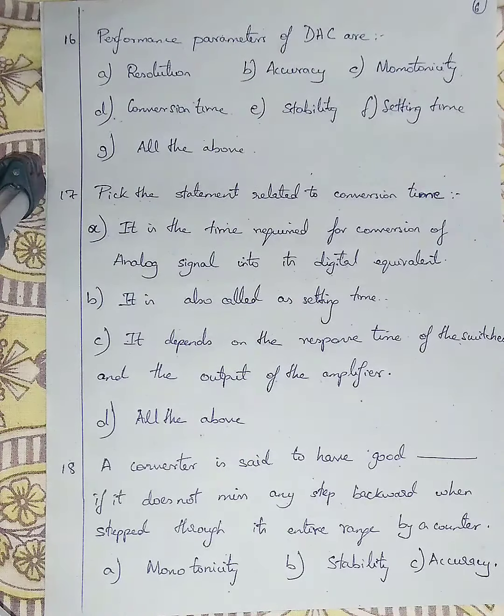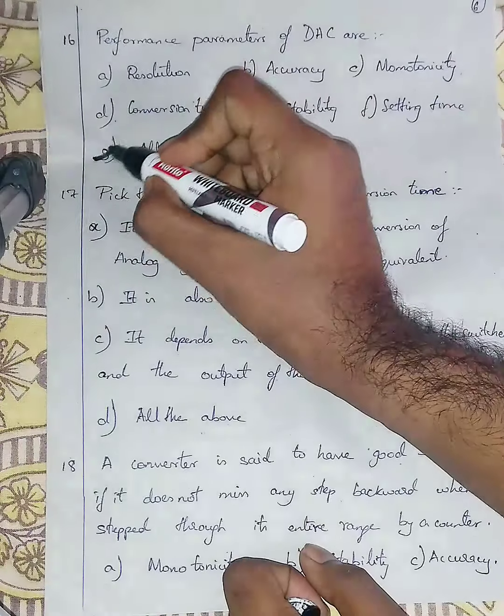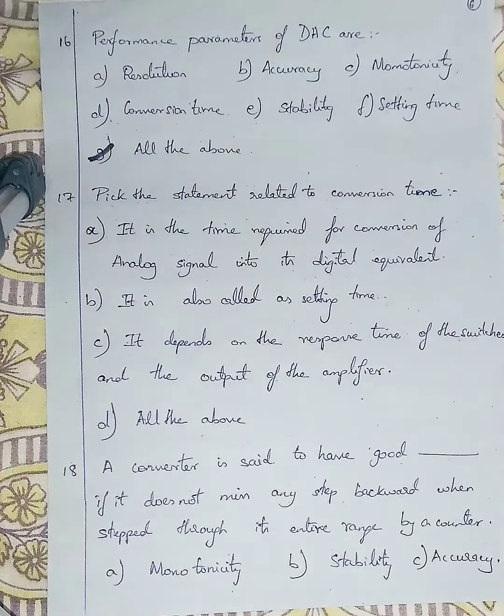Resolution, accuracy, monotonicity, conversion time, stability, setting time, all are the performance parameters of DAC. So I am going with option G, all the above. We'll see these parameters one by one in our upcoming questions.